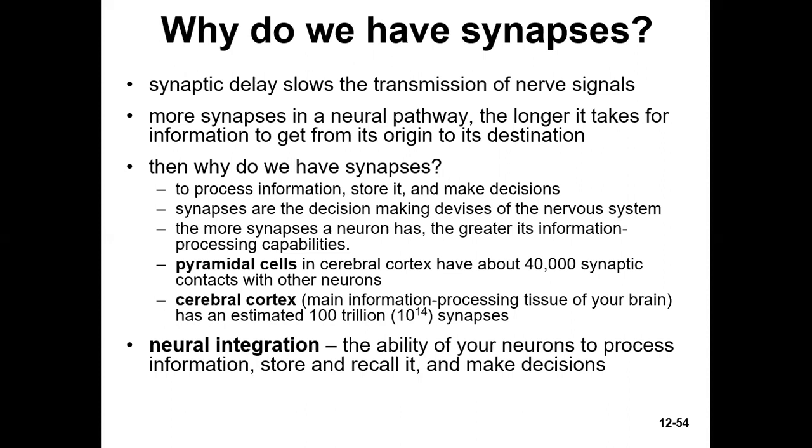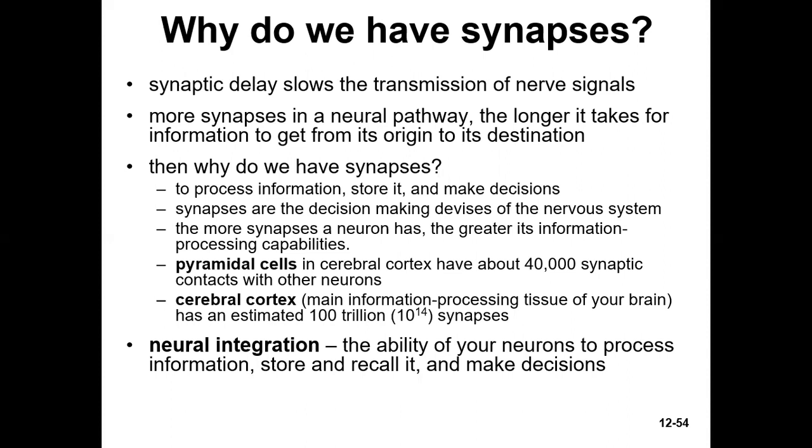The more synapses that a neuron has, the greater its information processing capabilities. We have something called a pyramidal cell in the cerebral cortex, and they have about 40,000 synaptic contacts with other neurons. The cerebral cortex in our brain, this is our main information processing tissue.